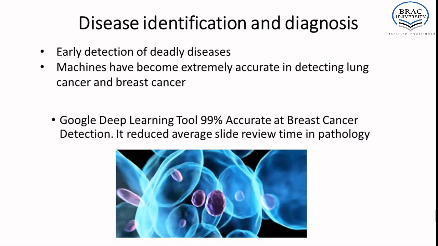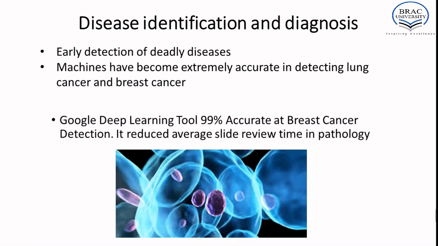For example, Google's deep learning tool, which uses an advanced machine learning technique, can predict breast cancer among patients with an accuracy of 99%. It reduces the average pathological screening time and produces reports much faster. As a result, more patients are getting treated every day.